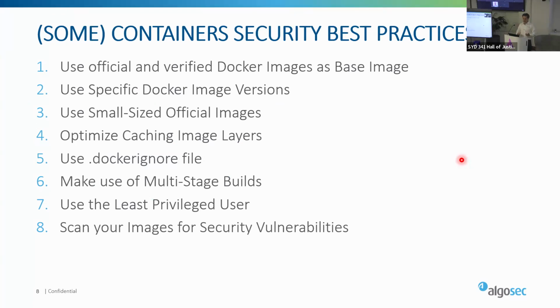And making use of multi-stage builds is also always recommended, so you're always in control of what is coming in, and in control of the attack surface that you preferably don't want to expose. And the least privileged user: making sure that you don't allow any root. Either you specify a user or unprivileged is the best way to go about it.